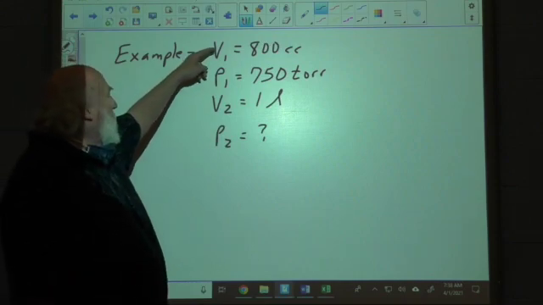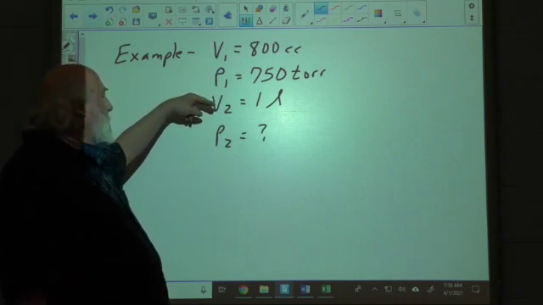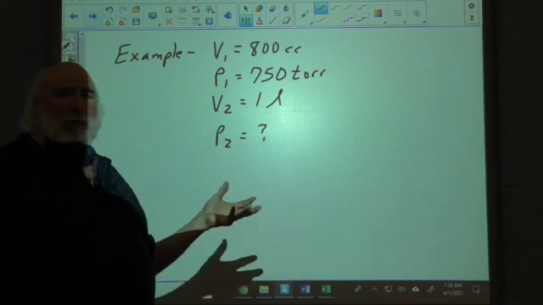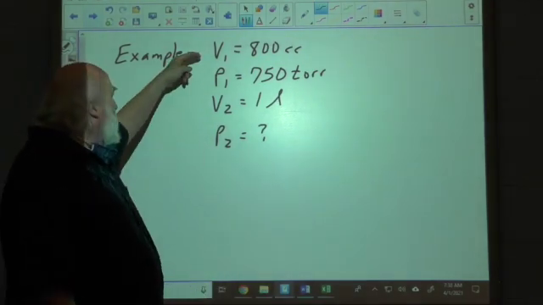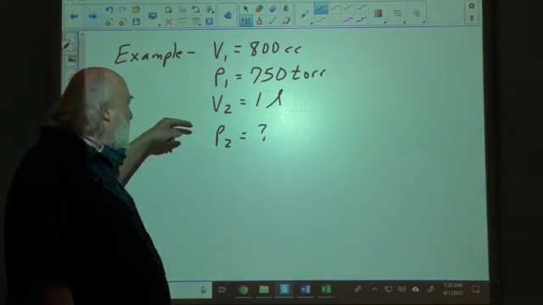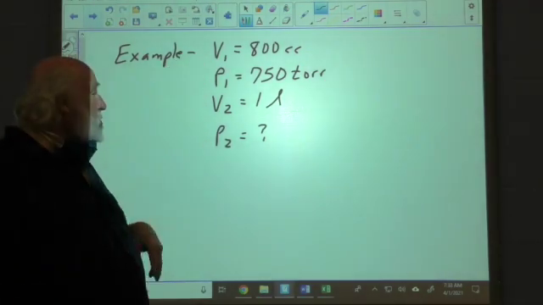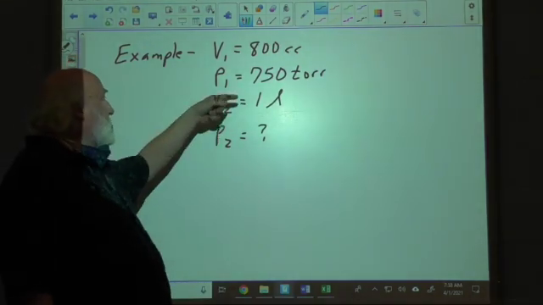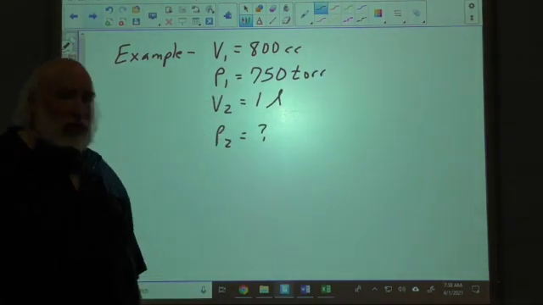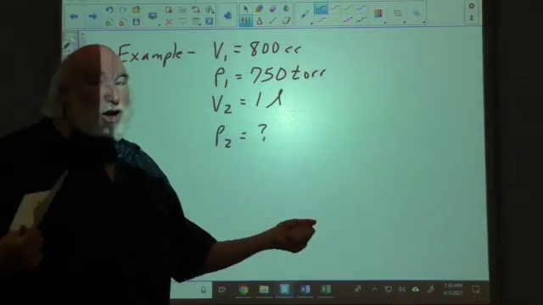When you see the volume go up from 800 cc to 1 liter, what's going to happen to the pressure? Well, like we said, it's an inverse relationship. We know that if this goes up, then this has to go down. So we're assuming, and we're going to prove it to ourselves, that the pressure is going to be something less than 750 torr. Let's find out, shall we?